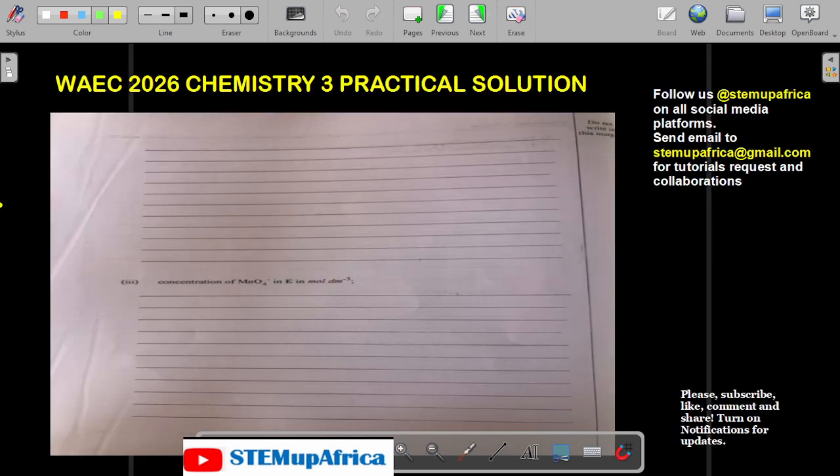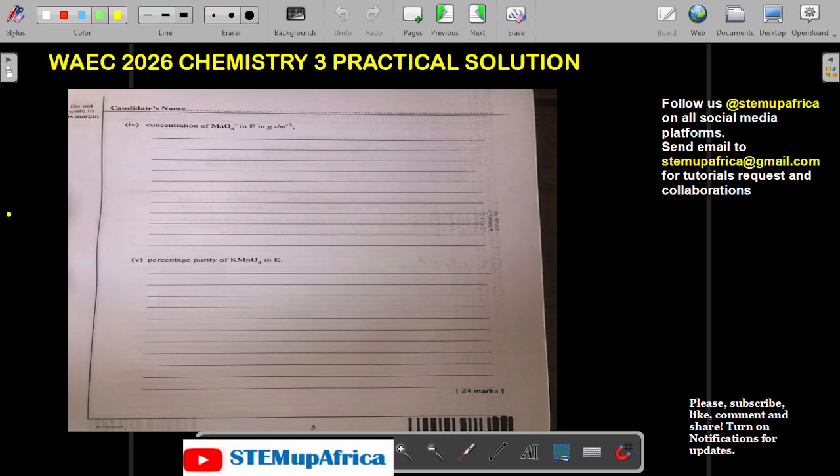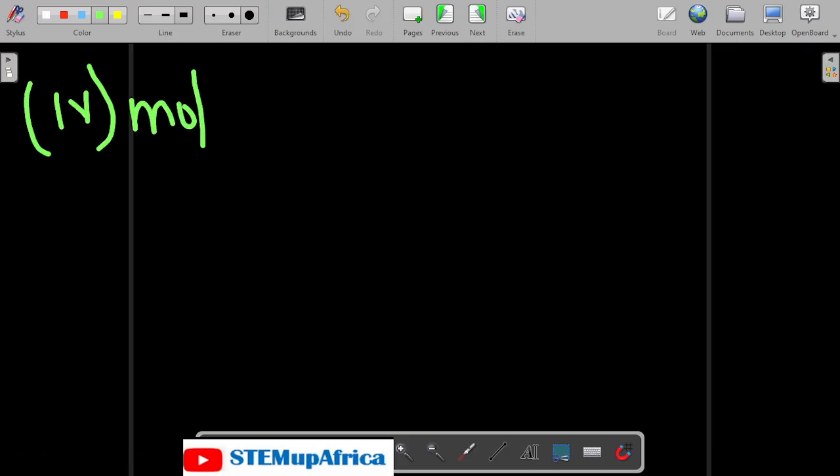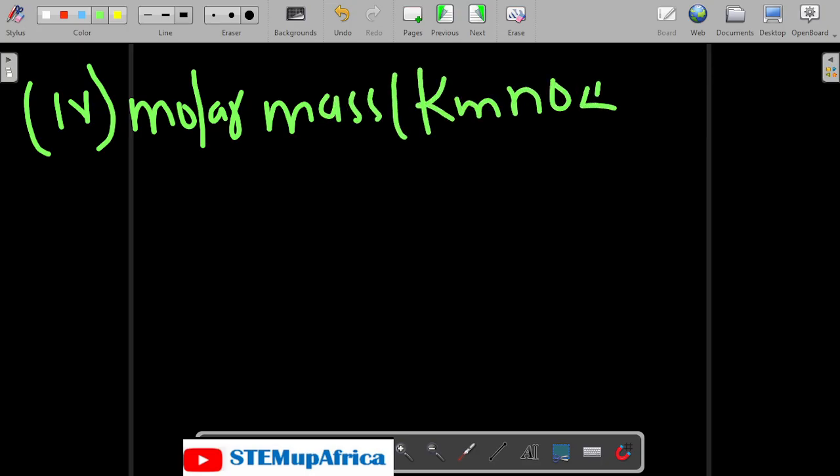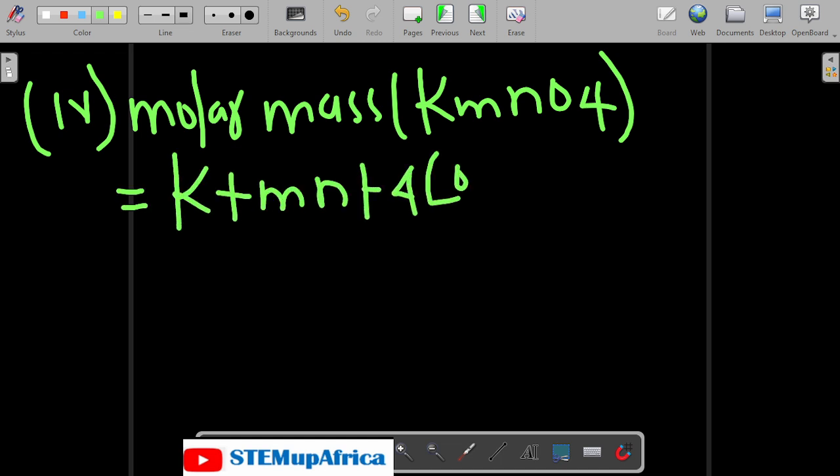Let's go to Roman figure 4. You calculate the concentration of this same E in grams per dm cube this time. For you to find mass concentration, you need the molar mass. I've gotten the molar concentration already. So I will have the molar mass of KMnO4, that is K plus Mn plus 4O.